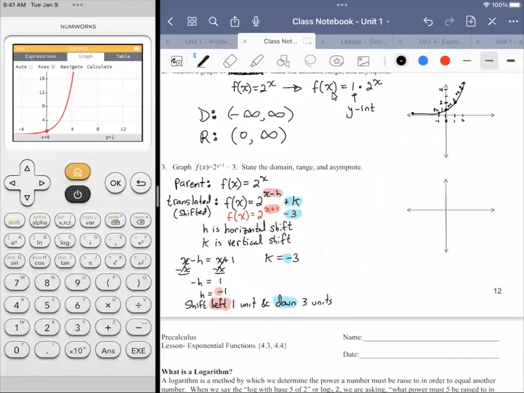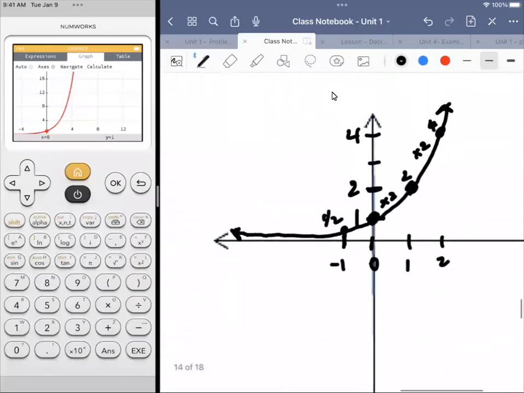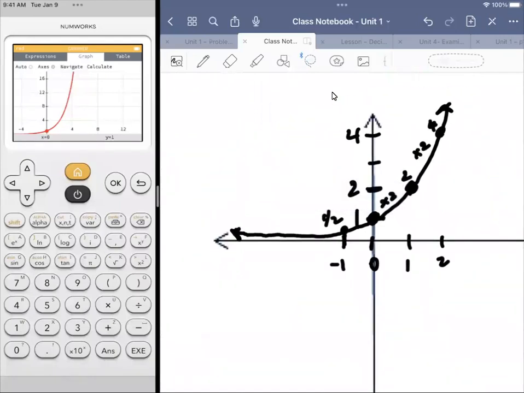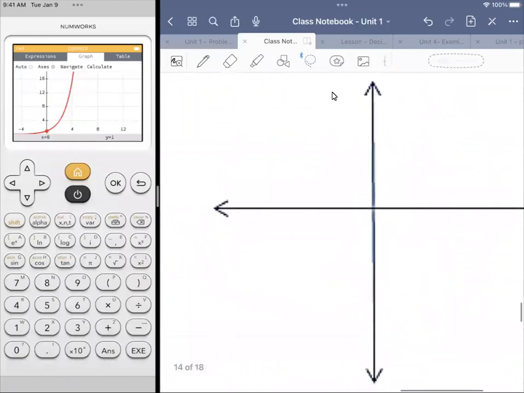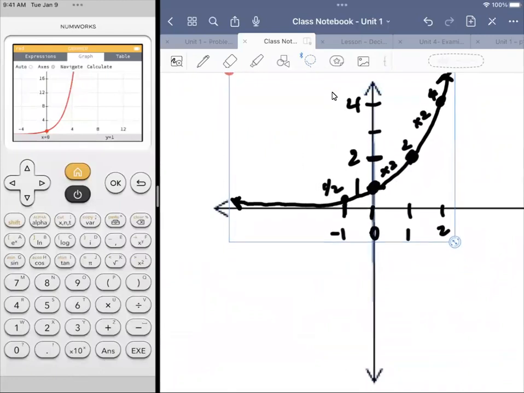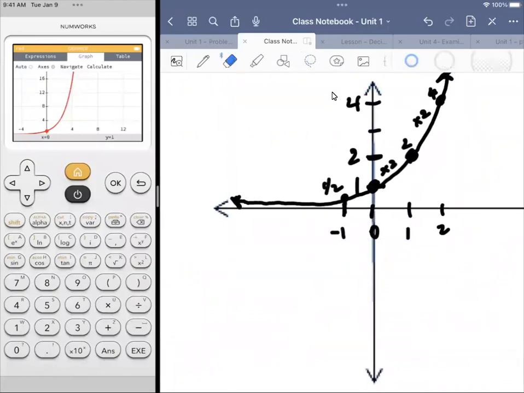All right. So I'll just show you real quick. Let me get all of this, put it here. I'm going to get rid of the extra fluff. We have a horizontal asymptote.